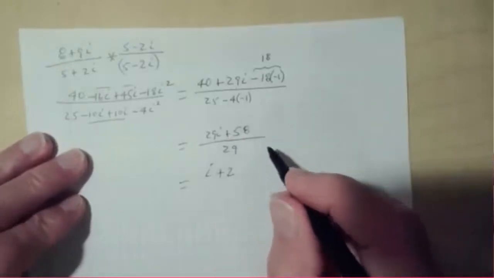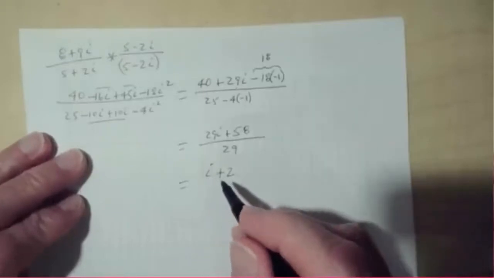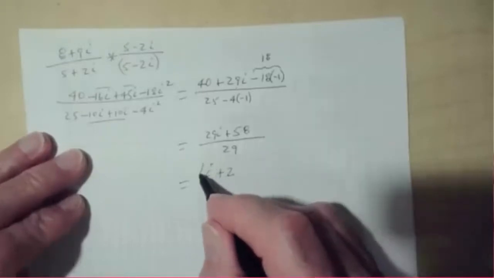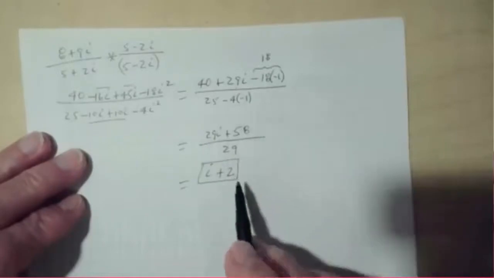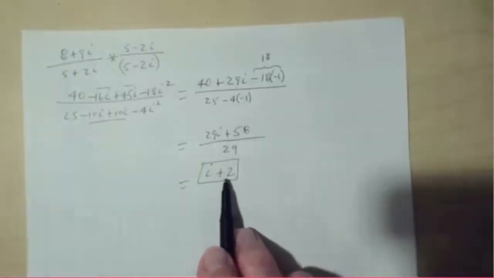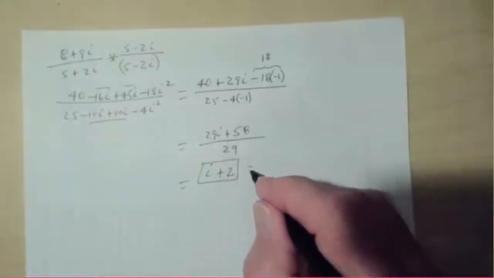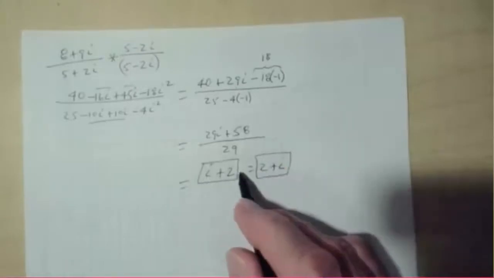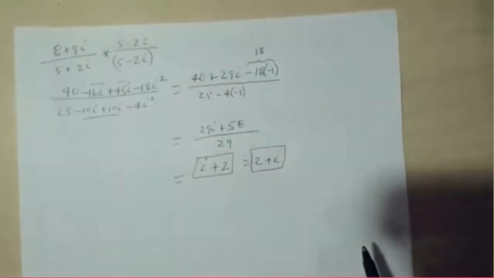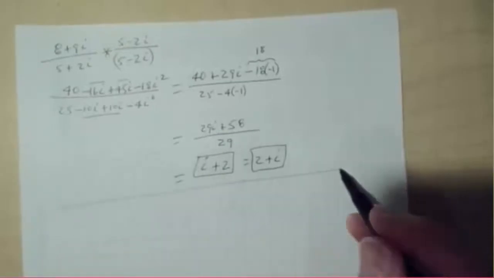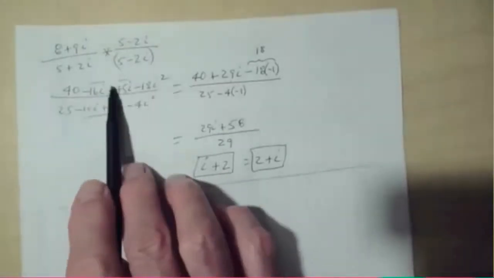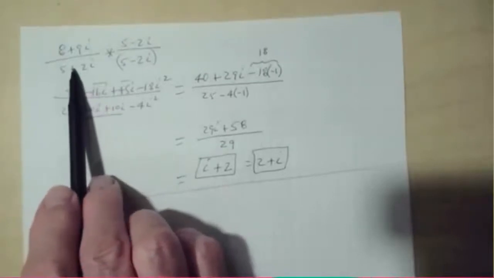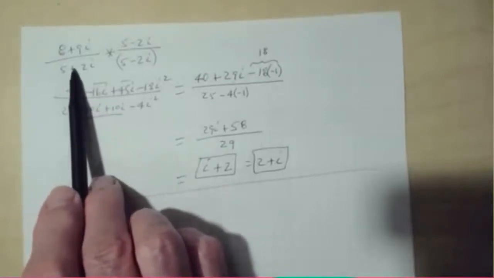So this equals 29 divided by 29 is 1i, or just i, and 58 divided by 29 is 2. Now remember, the answer here could be i plus 2 or 2 plus i. Same thing, just like 3 plus 2 or 2 plus 3, the same thing.